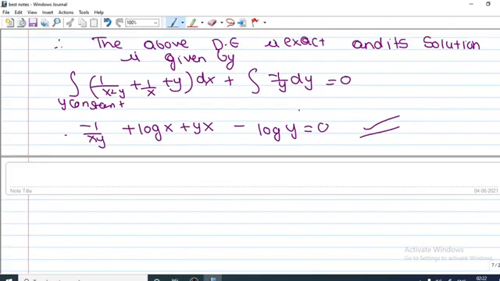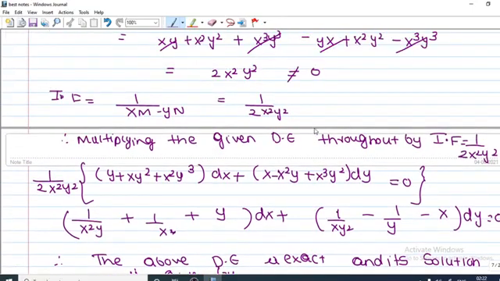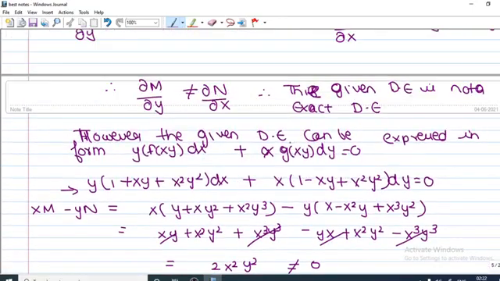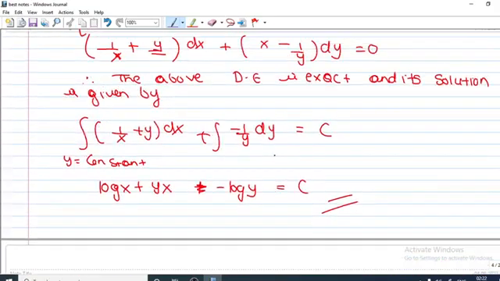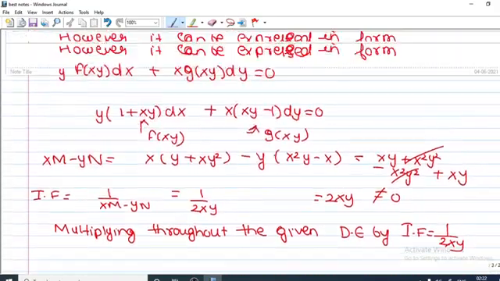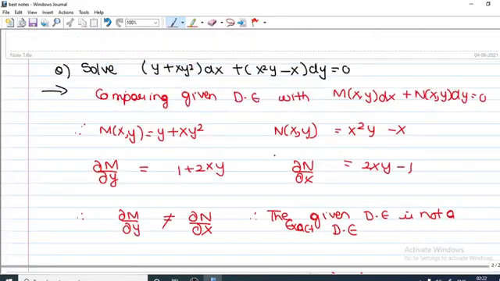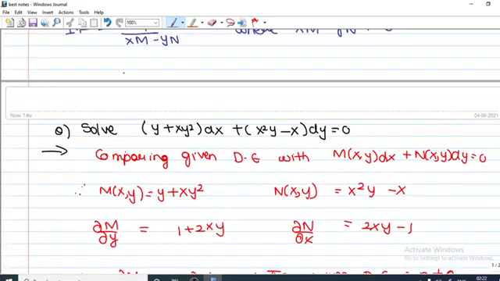Okay, I forgot to mention one thing in the problems. If you ask me how we can directly make out, easily and fast, that a problem is of type 2 instead of checking for homogeneous or the rest of the things. Remember, in the first bracket which is attached with dx, y power will be more. Here x power is 0 and y power is 1.